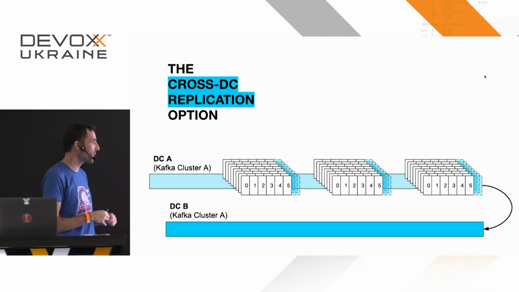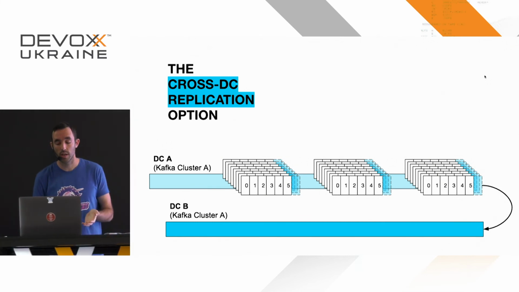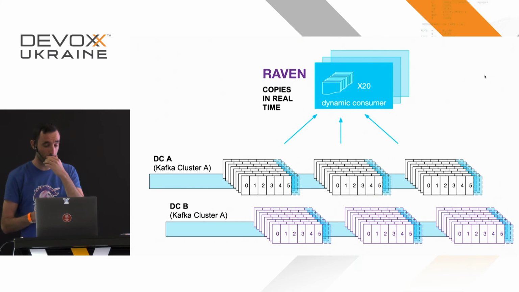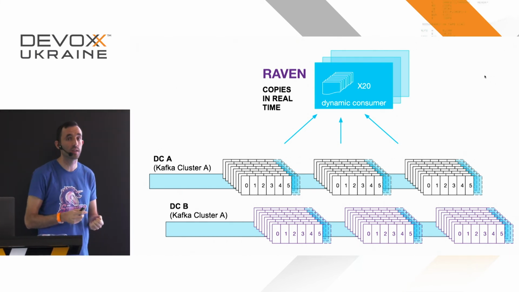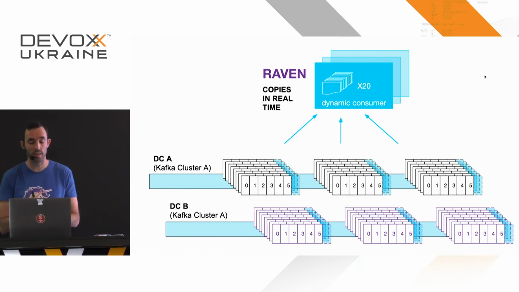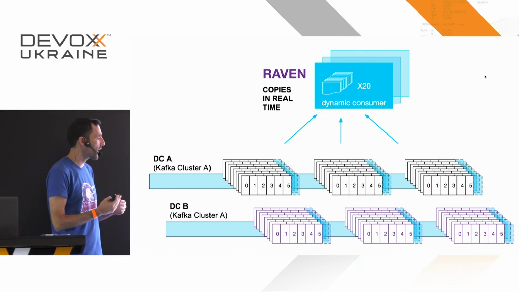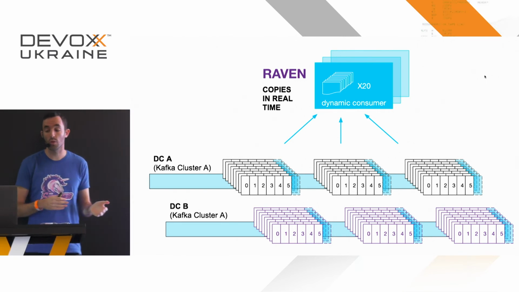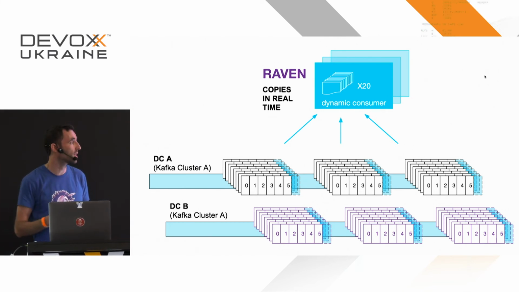And we also implemented our own CrossDC replication solution. We call it Raven, and it simply has a dynamic consumer with a lot of partitions inside that just consumes a message and then produces it to the topic on the different data center.